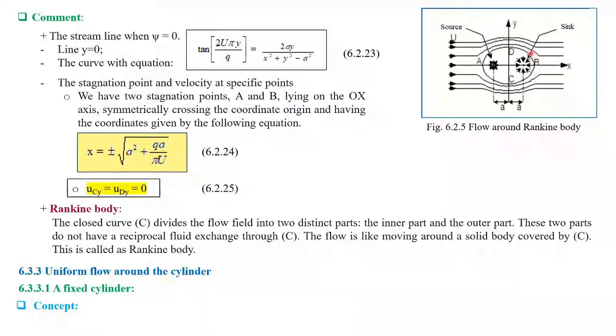Now, about the Rankine body, let me say a little bit more. A closed curve C divides the flow field into two parts. The first is the inner part, inside this curve, and the outer part, outside of this curve.